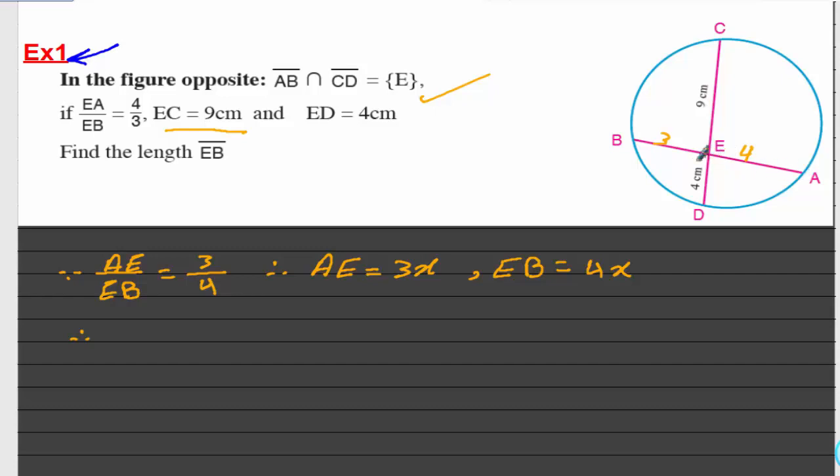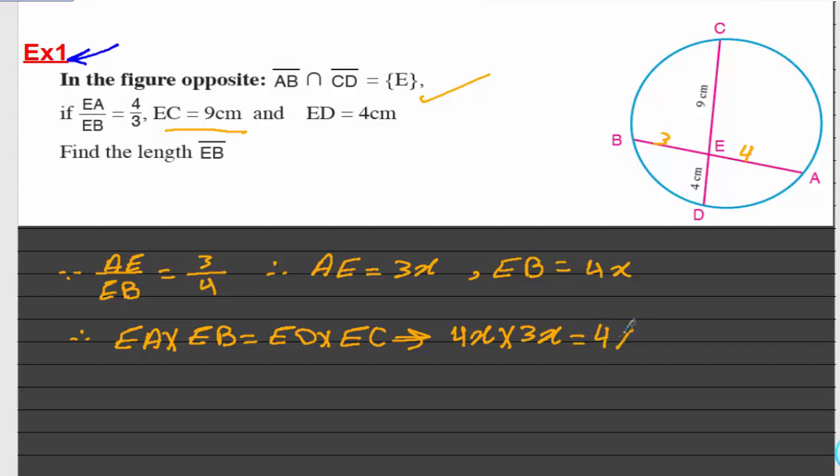So since AB intersects CD at E, you can say that EA multiply EB equals ED multiply EC. But EA equals 4x and EB equals 3x. So it is equal ED 4 multiply EC, which equals 9.